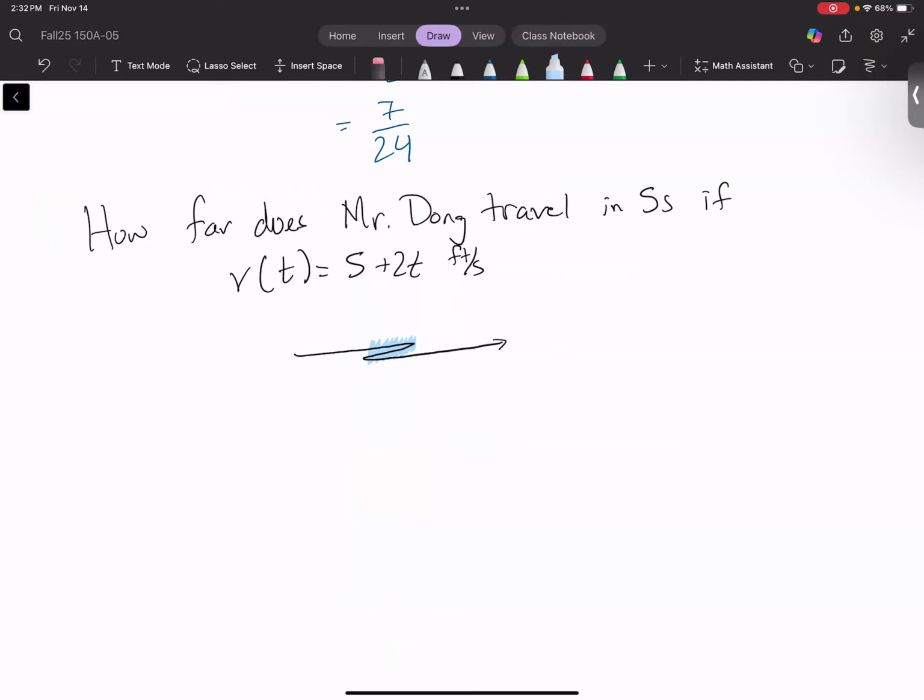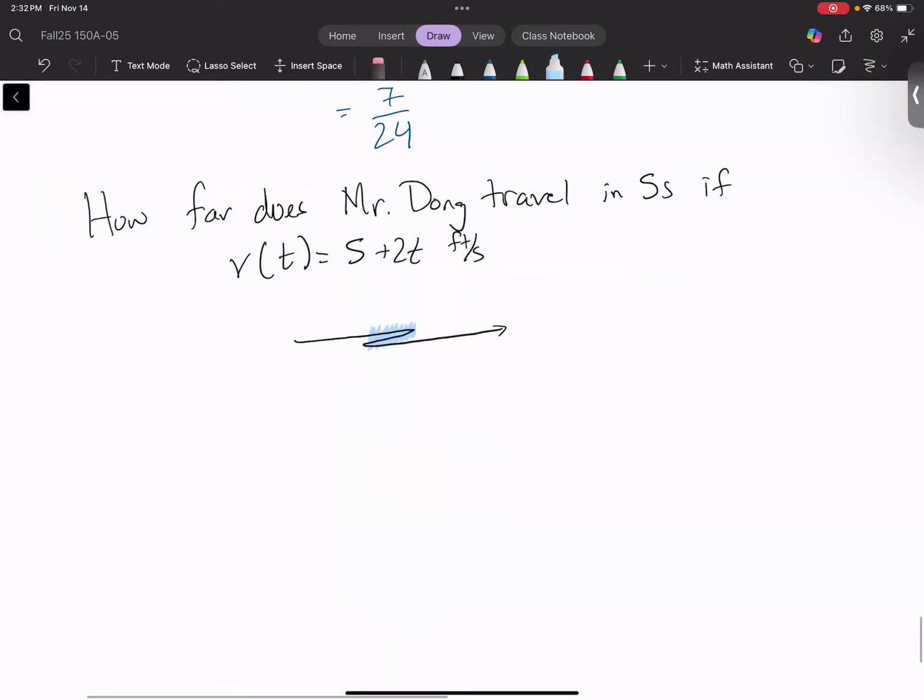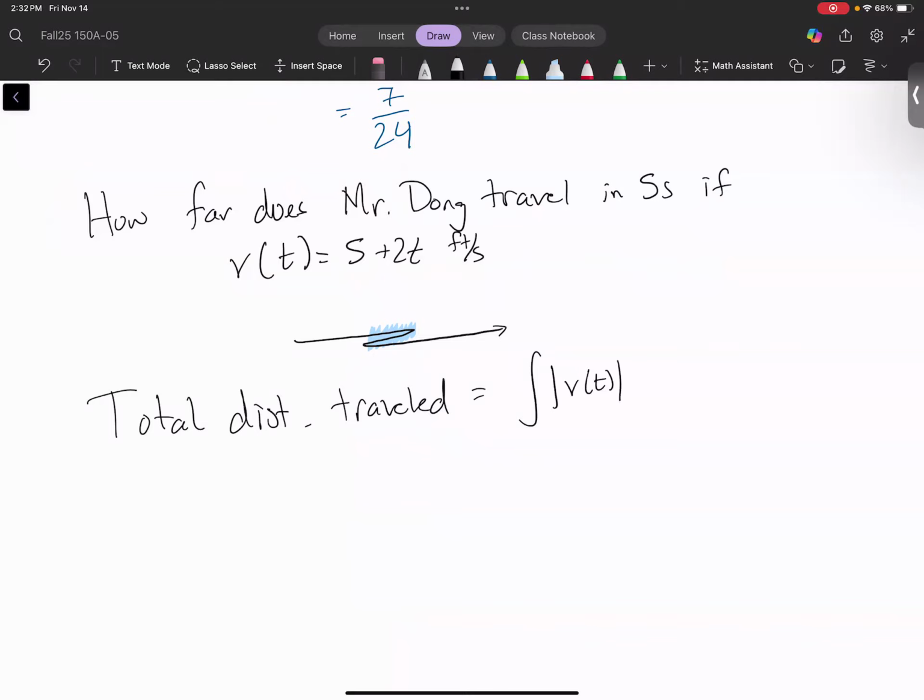Same exact thing here. So total distance traveled equals your integral of the absolute value of the velocity, from A to B or whatever.